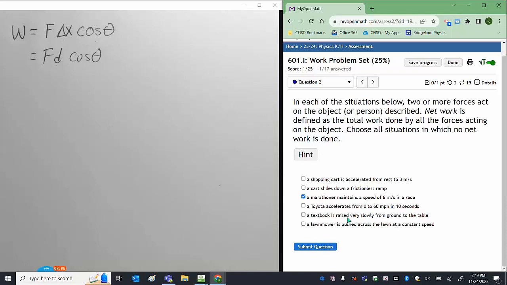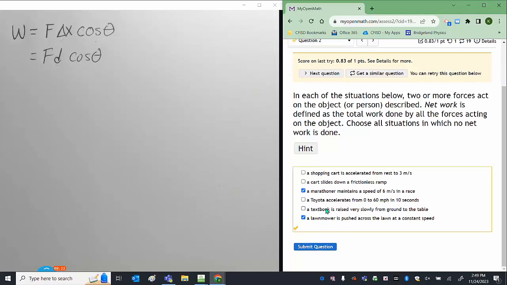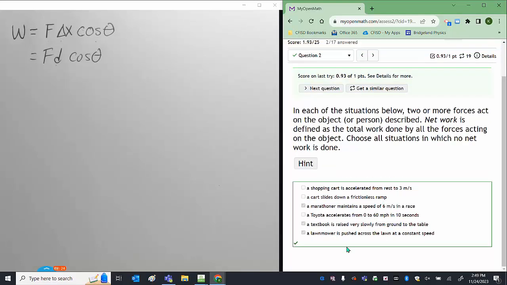I don't know if this is meaning to imply that it's at constant velocity, but if so, we would want to select this as well. And then we have a lawnmower is pushed at constant speed, so again, same thing. Yeah, I think it wants us to select that one there, it does. Okay, so a textbook is raised very slowly from the ground to the table. I don't like this wording particularly, but it is implying here that it's moving at a constant rate.